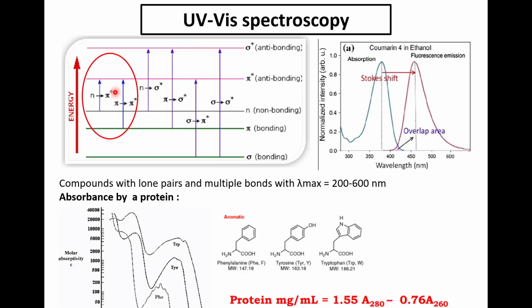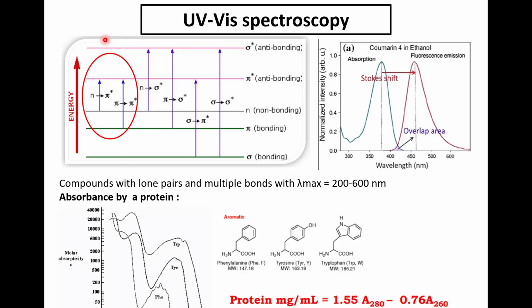If you remember molecular orbital theory from class 12, a gain of energy from the n orbital to the pi star, or from pi to pi star, these energy transitions fall under UV visible spectroscopy. By which I mean that the UV visible spectroscopy wavelength or energy corresponds to these two molecular orbital transitions of the electrons.